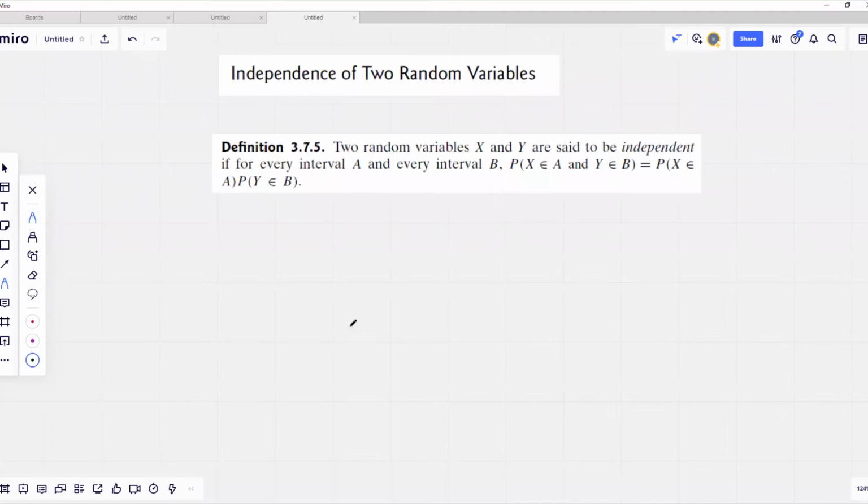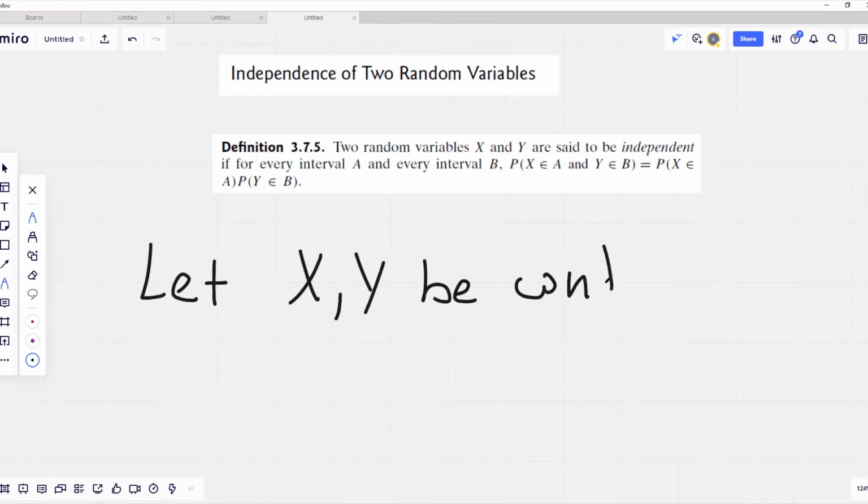Now we have the following nice property to quickly determine whether two continuous random variables are independent or not. Let X and Y be continuous random variables.